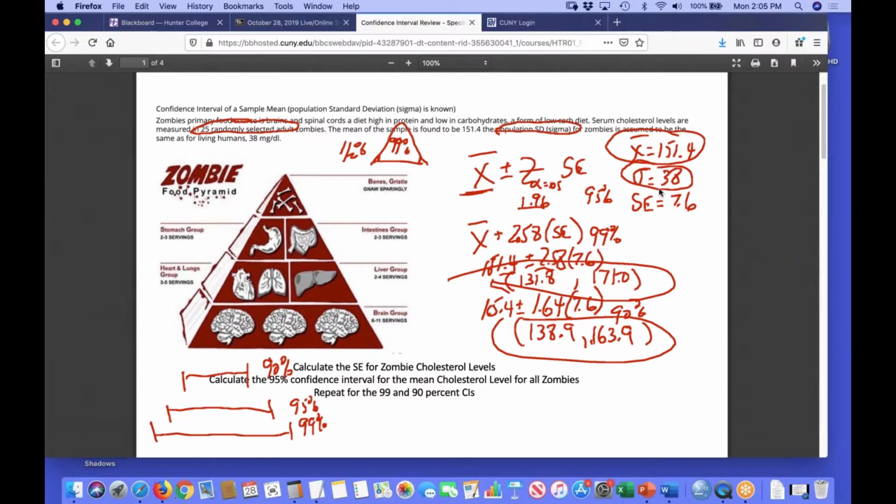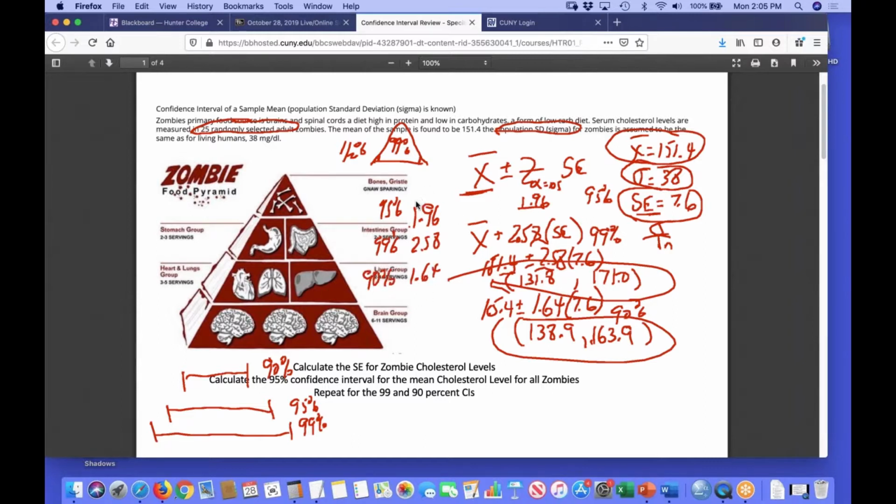So we were able to calculate our standard error using the sample size: sigma over the square root of n, okay? And then we could use the z-score: 1.96 for a 95% confidence interval, 2.58 for a 99% confidence interval, and 1.64 for a 90% confidence interval.